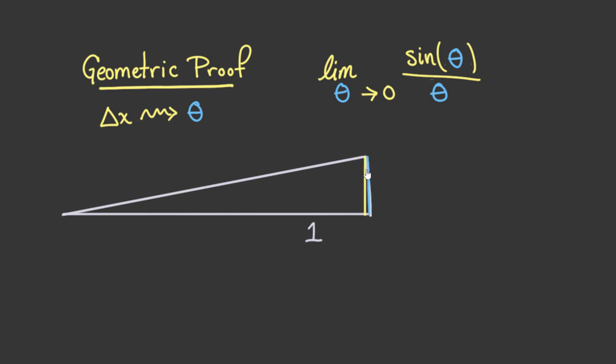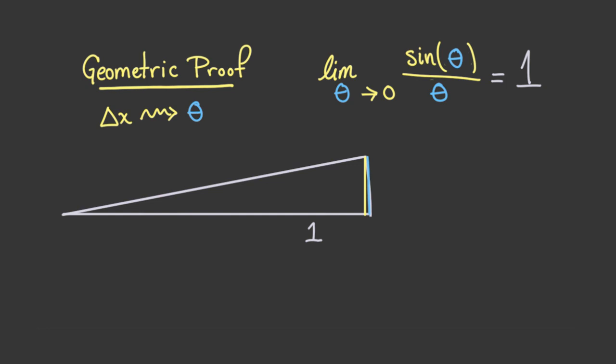What this is telling us is exactly that as theta approaches 0, this limit is approaching 1. The motto is, curved lines are essentially straight when you zoom in far enough. And this is an idea that we've already been looking at with the derivative.